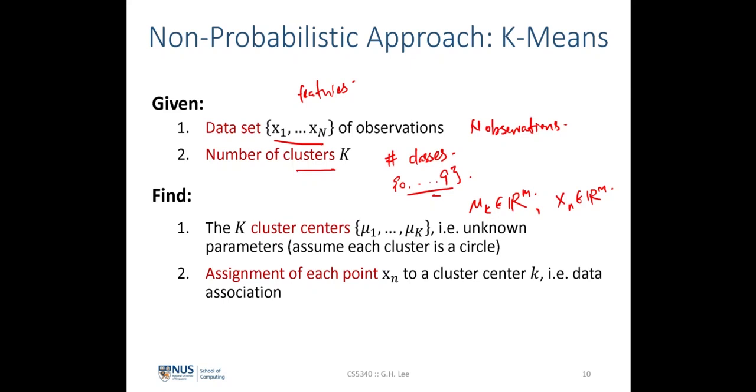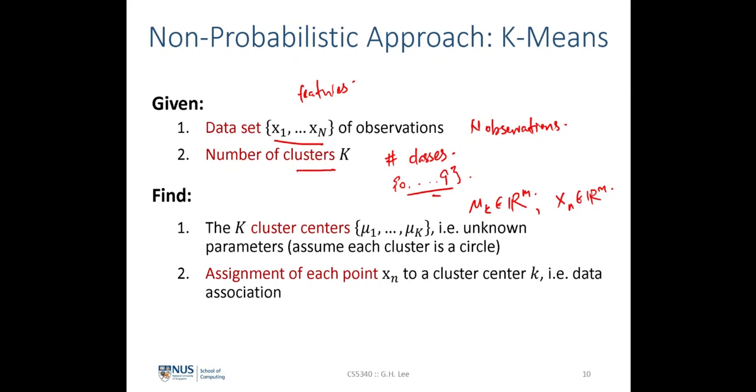Here we also assume that the cluster is a circle, where we have the option to also estimate the radius of the circle, but in the k-means example I will show that this is not necessary, because we can substitute this parameter with the nearest distance. The second thing we wish to find is the assignment of each point to the cluster center. This is the data association problem.